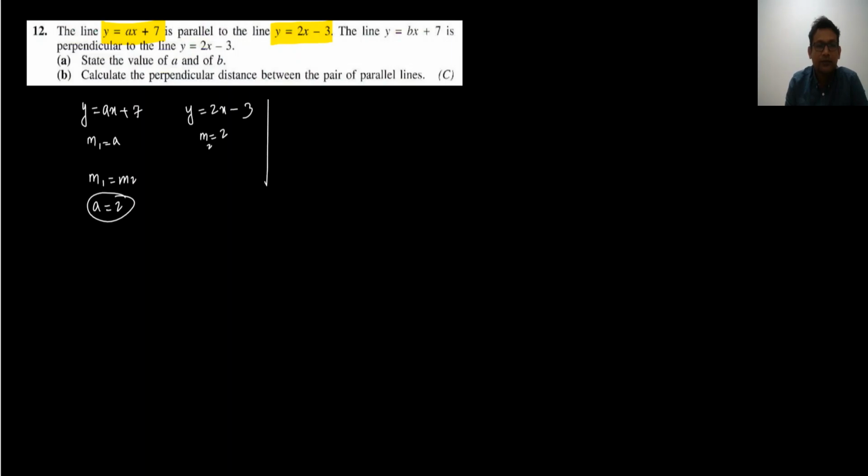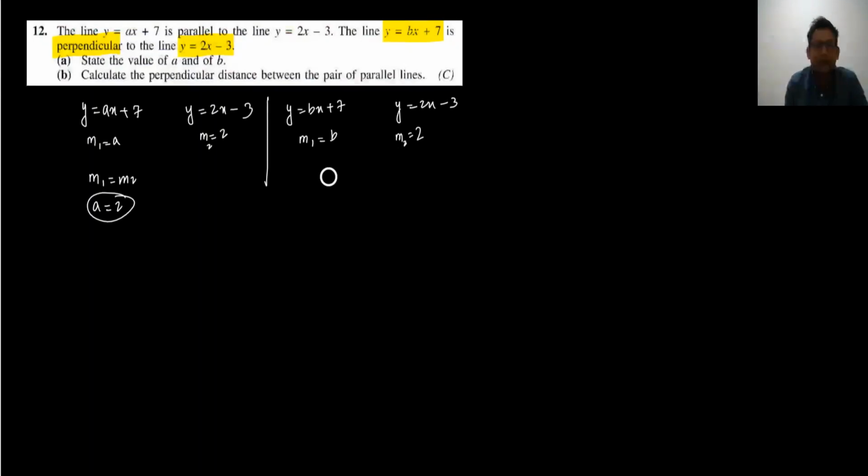Second part, this second equation is given here. This line is perpendicular to this line. So perpendicular means when I write y equals bx plus 7, and then the second equation y equals 2x minus 3, the gradient of this line is 2, and for this line m1 is b and m2 is 2.